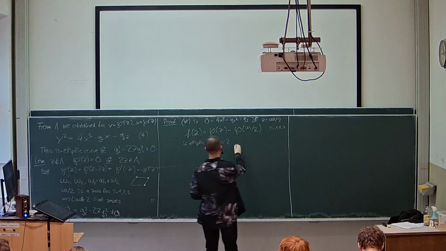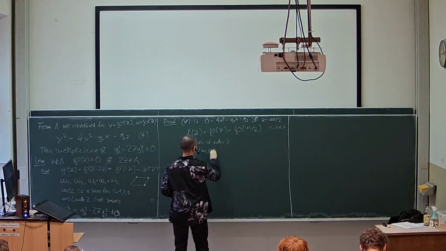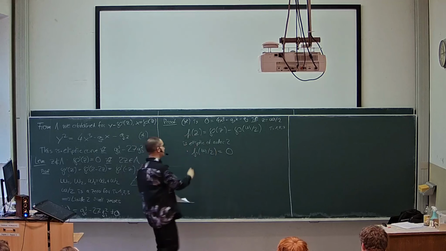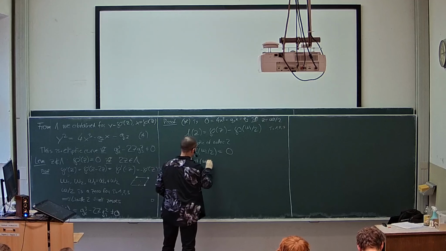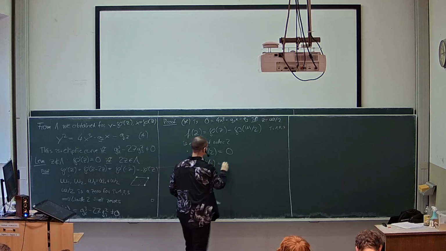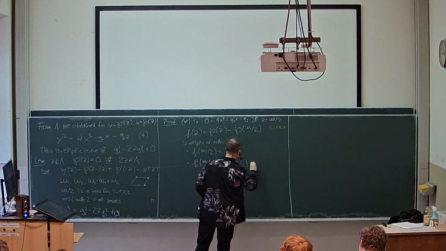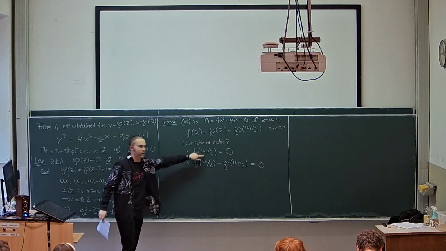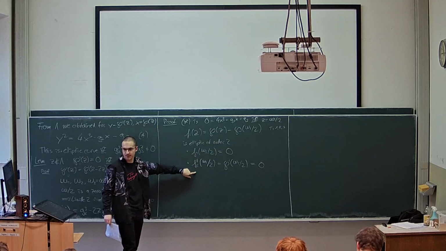And we know, first, we know f_i of omega_i over 2 is 0 by construction. But we also know f_i prime of omega_i over 2, which is just the derivative at omega_i over 2, is also 0. Meaning, in the point omega_i over 2, this function has a zero of order 2. However, this function is also elliptic of order 2.